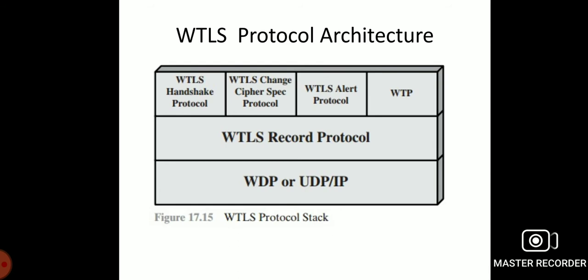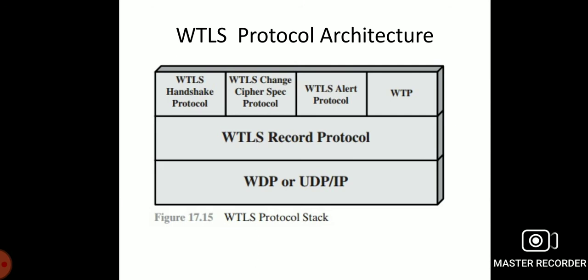The record protocol takes user data from the next higher layer, that is the handshake protocol, alert protocol and change cipher spec protocol, and encapsulates this data in the PDU. The change cipher spec protocol is associated with the current transaction in the cipher spec, specified to ensure the encryption algorithm.